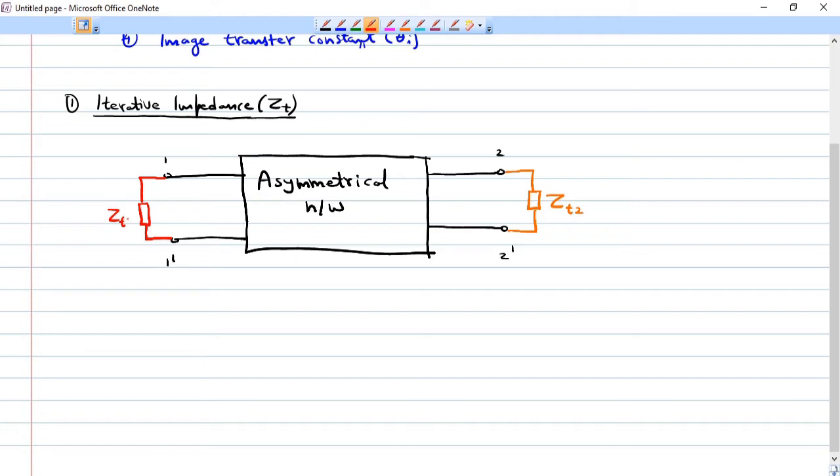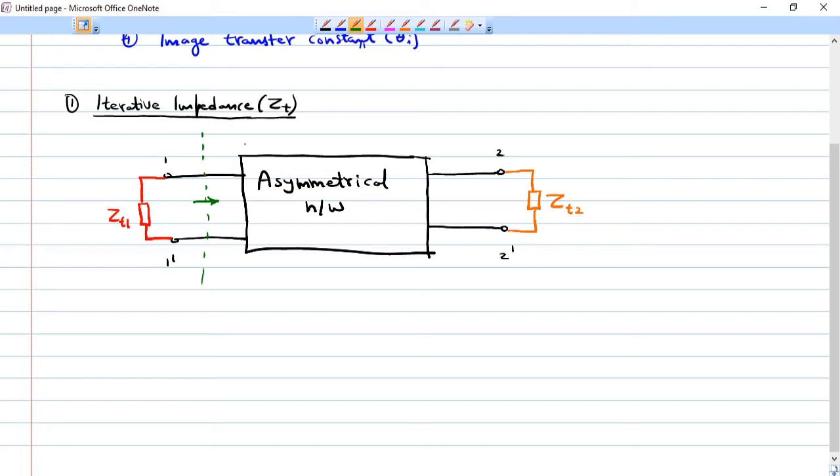So ZT1. Now, how have we defined these iterative impedances? So when you look at this network from the input side, okay, you are looking like this towards the right side. You are looking at this asymmetrical network with ZT2 attached to the 2 2 dash terminal.